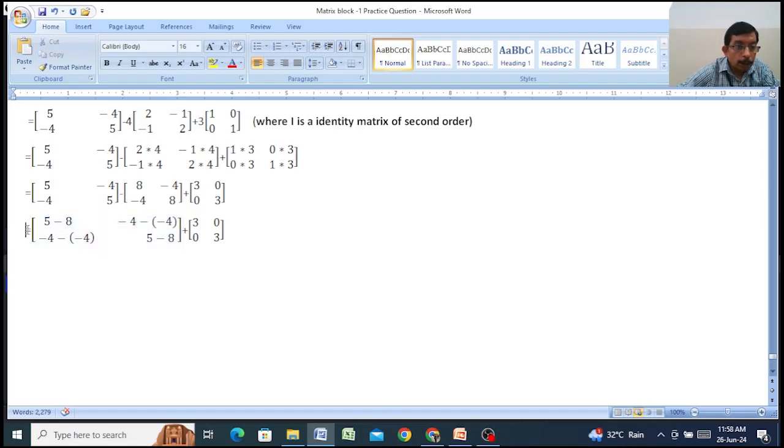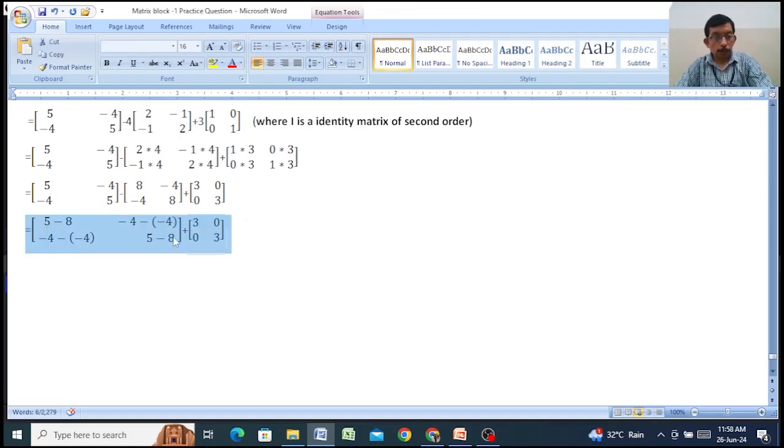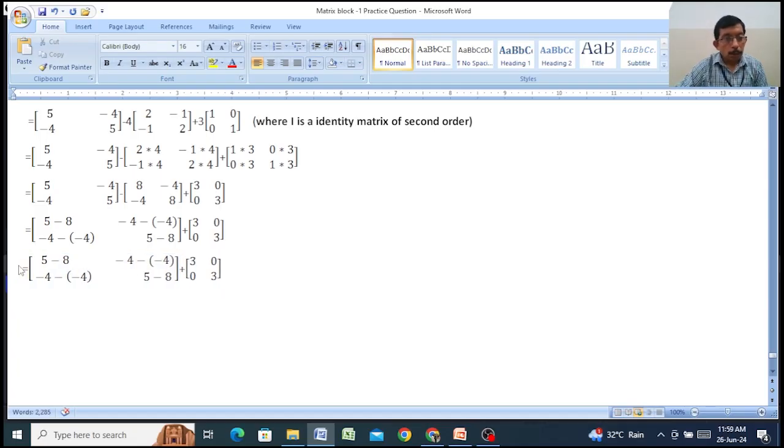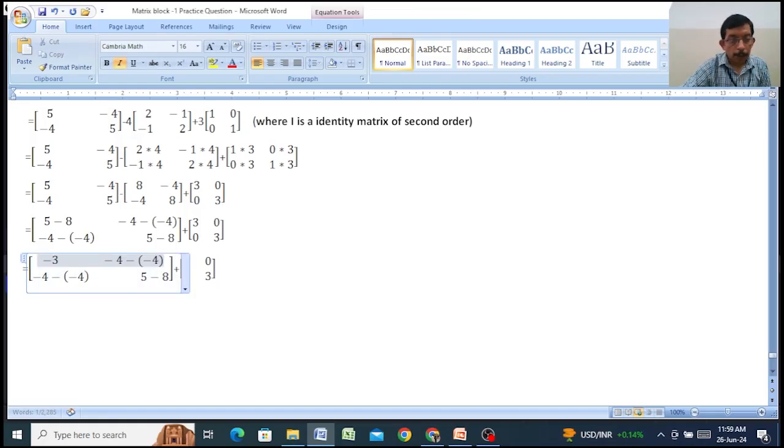Now simplify the next step. Five minus 8, minus 3. 4 minus minus 4, plus 4, 0. Note down 0 in the same position. 5 minus 8, minus 3. Note down in the same position.